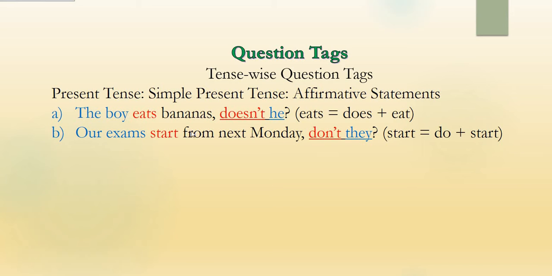Don't they? Because this is a positive sentence, we have to add n't. I am your friend, aren't I? This is what I said when I showed the list of the auxiliary verbs with their negative forms.